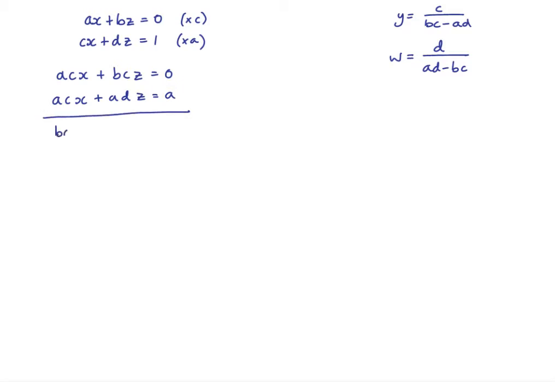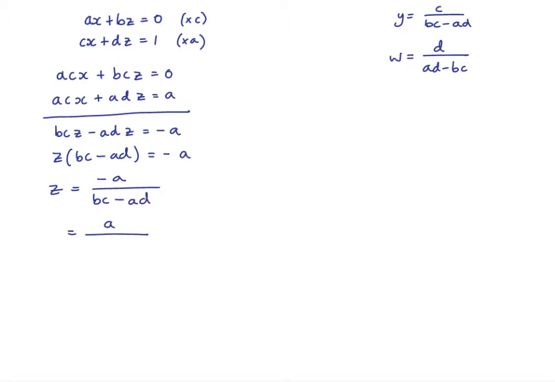So we get BCZ minus ADZ equals negative A. Factor out the Z. BC minus AD equals negative A. So dividing by the bracket, so negative A over BC minus AD. And again, I'm going to multiply top and bottom by negative 1. So I've got A over AD minus BC. Alright, so now we've found Z. Let's add that up over here.